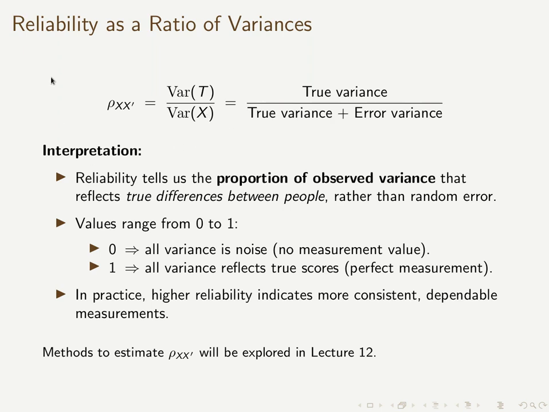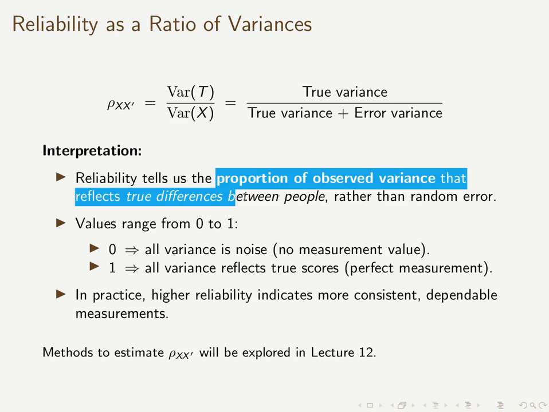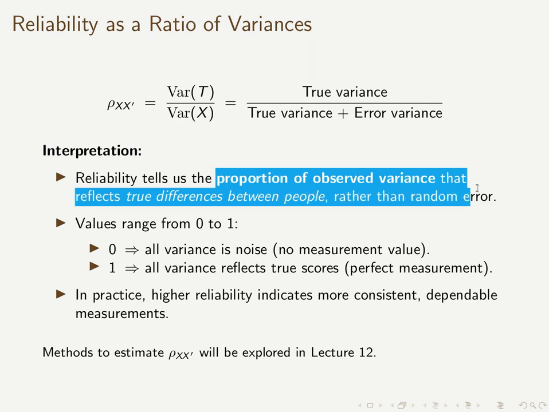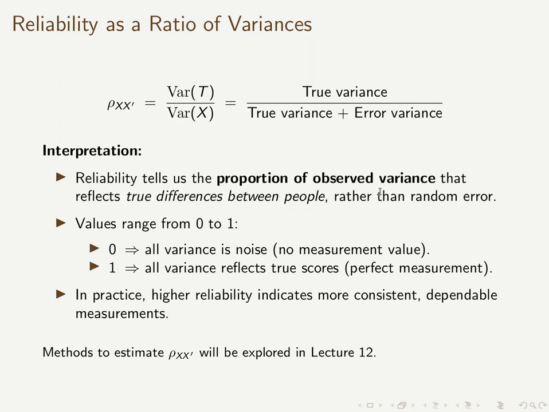In this framework, reliability has a very nice interpretation. It tells us the proportion of the observed variance that reflects actual true differences between people instead of just random error. Because it's a ratio, this definition of reliability only allows for values that fall within the range 0 to 1.